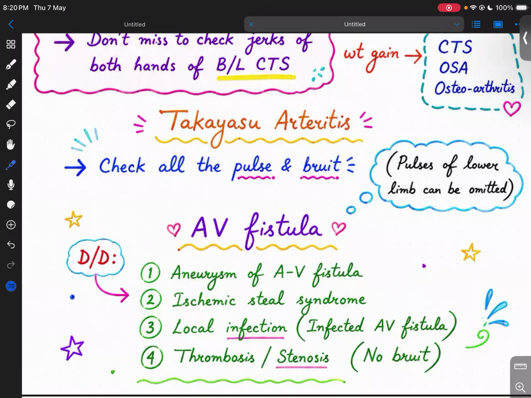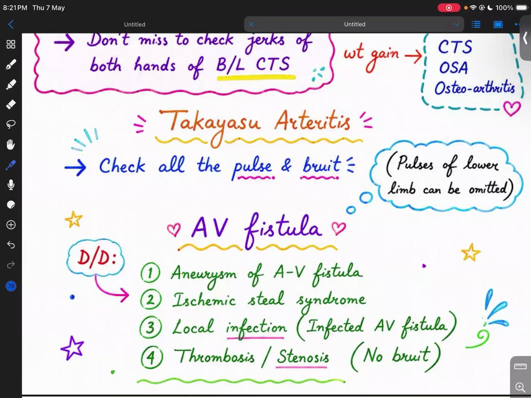Any volunteer? Why in Takayasu arteritis can we skip examination of pulses of the lower limb? Because it's an aortic arch disease. Yes, doctor, aortic arch disease.